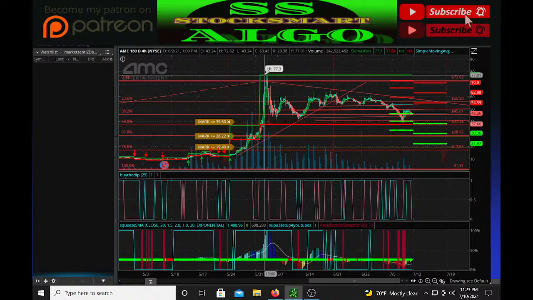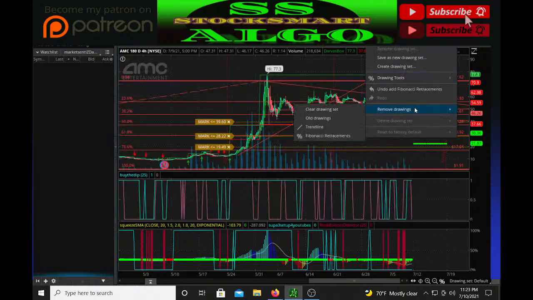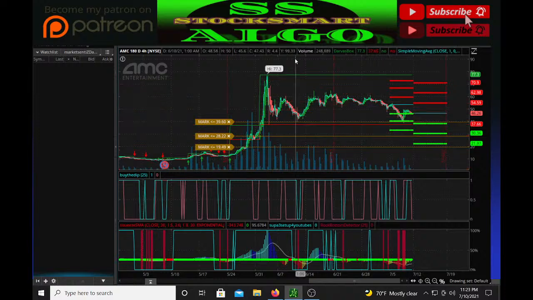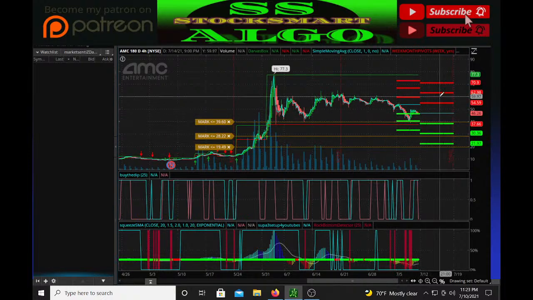There we go. All right, so we'll get rid of that Fibonacci here. Let's cancel drawings. Let's remove those drawings. Clear drawing set. All right. Very good. And we can see that some of those pivots are good for these Darvis boxes too.